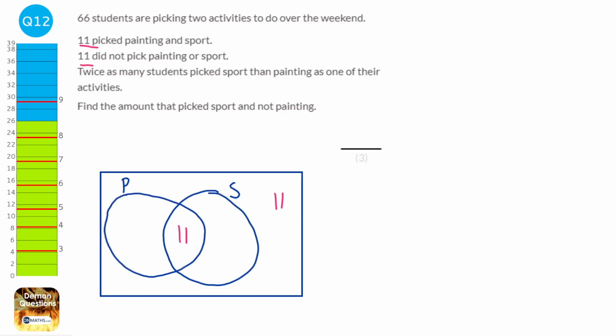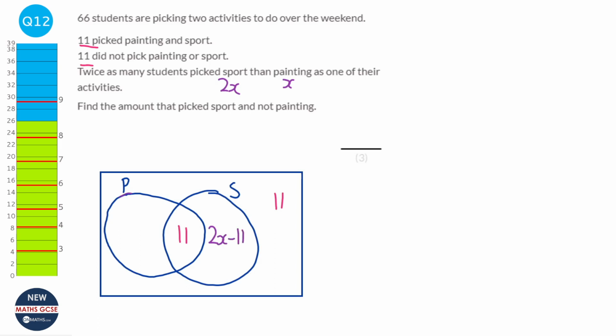If the painting we label as x, then the sport will be 2x. But we've already got a number in the sport, that 11 there. So in algebra, this will be 2x, take away the 11 that we already know about.